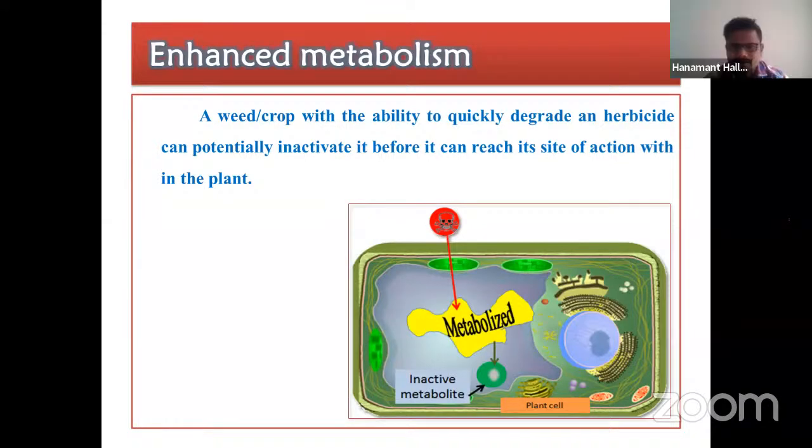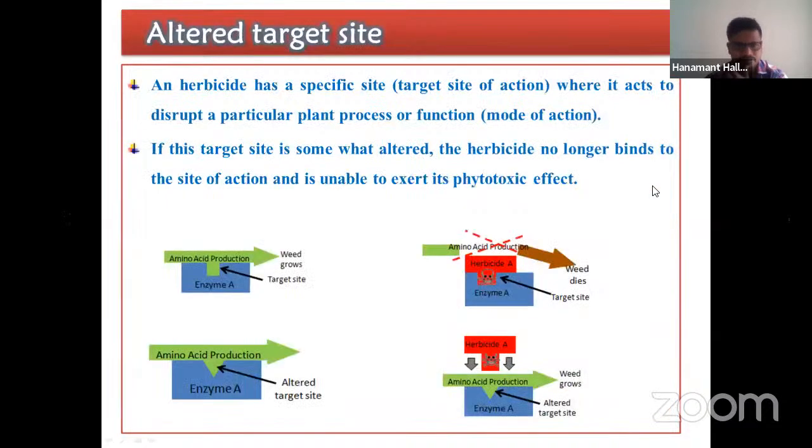Weeds will deactivate the herbicides before they reach the actual site of action. If you look at the figure, this is the plant cell, and the herbicide molecules get deactivated before they enter the actual site of action.